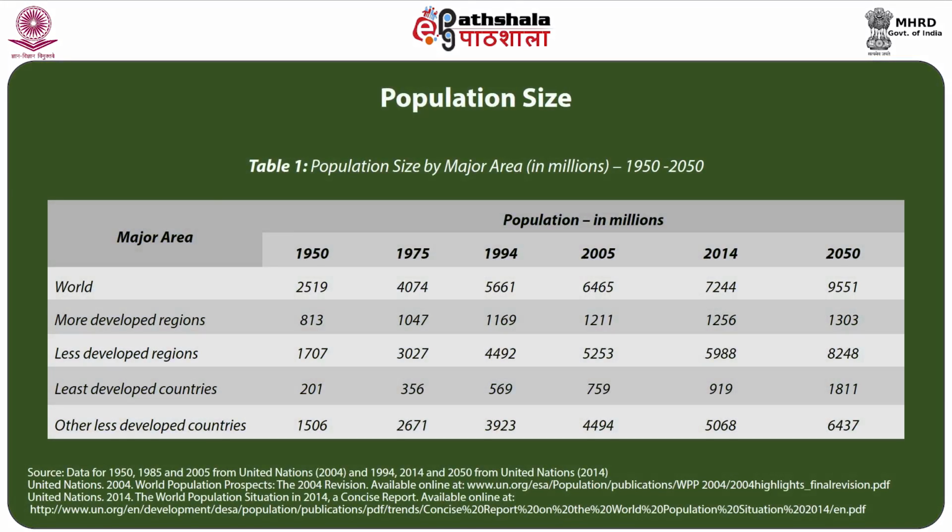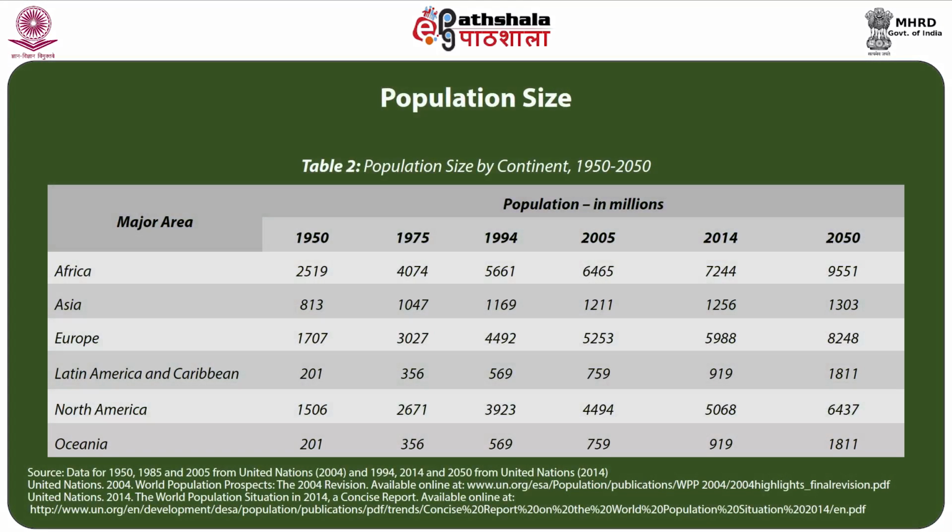If we look at how the population size has moved over a period of time across the world as a whole, and with respect to developed, less developed and least developed regions, it is very clearly seen that the more developed regions no doubt have increasing population size, but the growth of population is mainly in the less developed regions and to a certain extent in least developed countries.